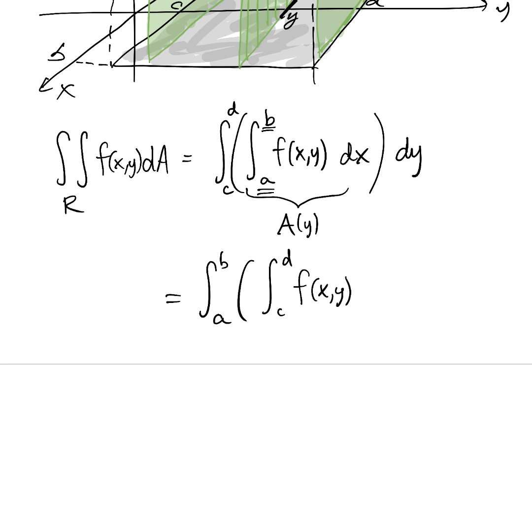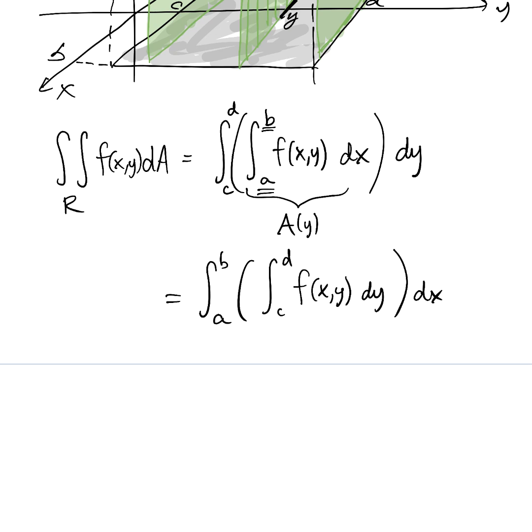This time the inside integral is done with respect to y, and the outside integral is done with respect to x. And the fact that those three quantities are all equal is called Fubini's Theorem.